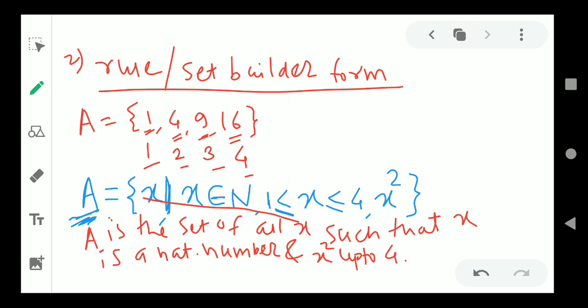So this is called rule method. In the next video, we will be again focusing on this method with more examples. For better understanding, watch all the 3 videos of this lesson. Thank you.